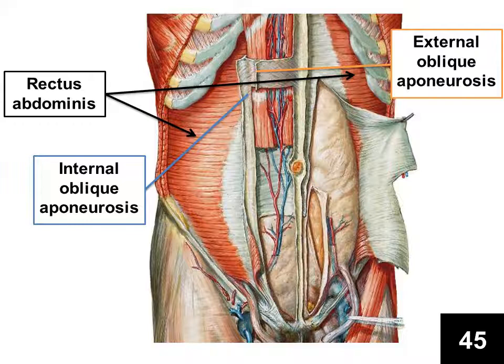But in the lower quarter, all aponeuroses pass in front of the rectus abdominis. All of them form the anterior wall of the rectus sheath.